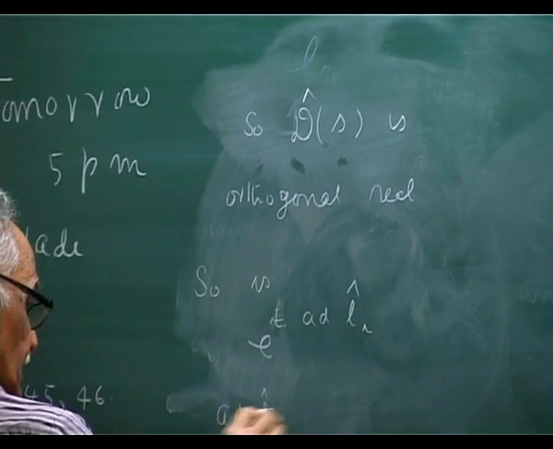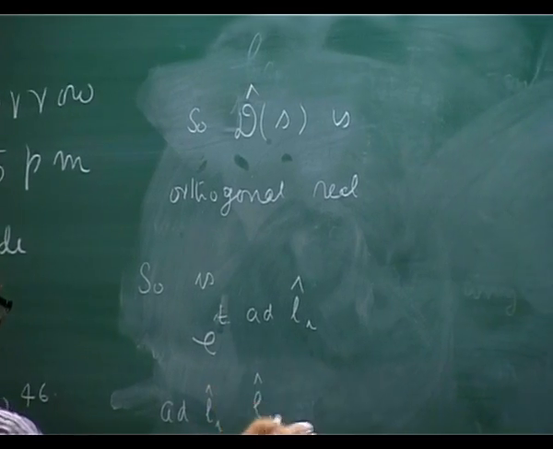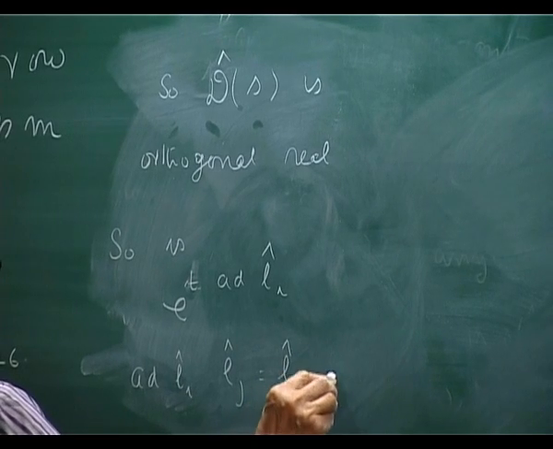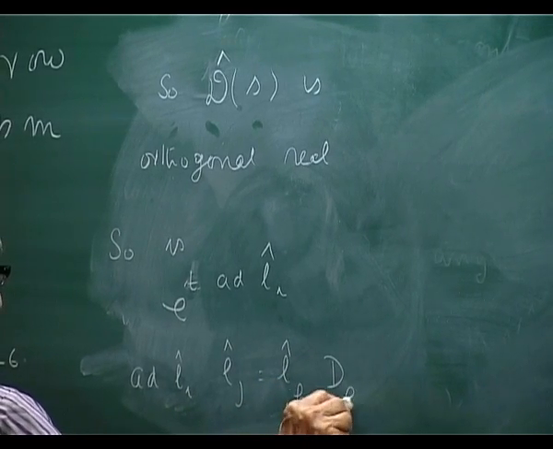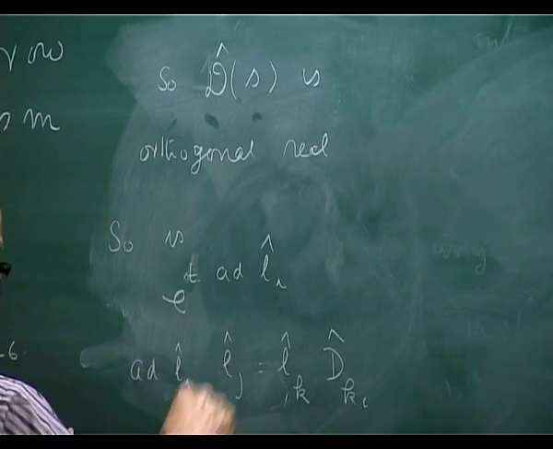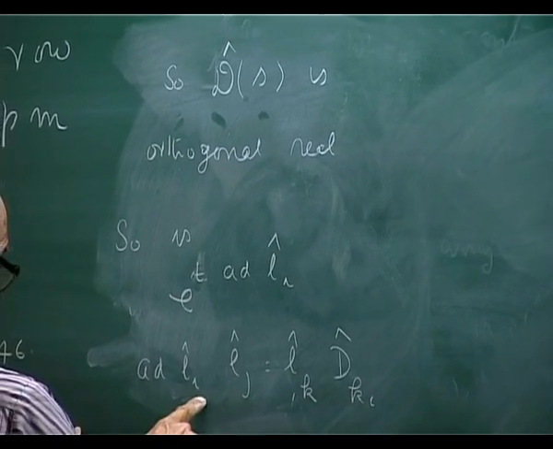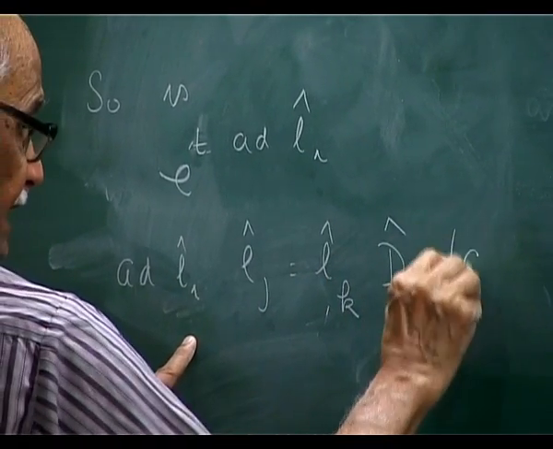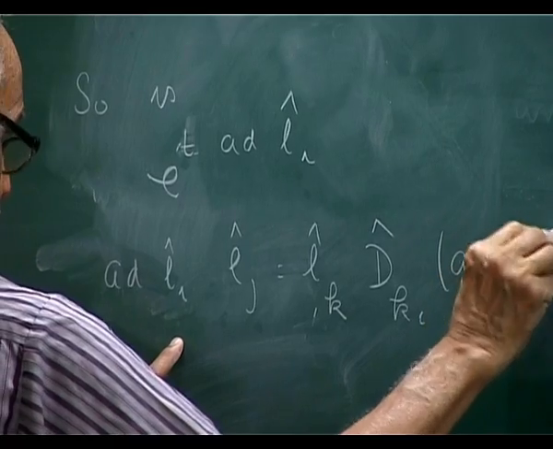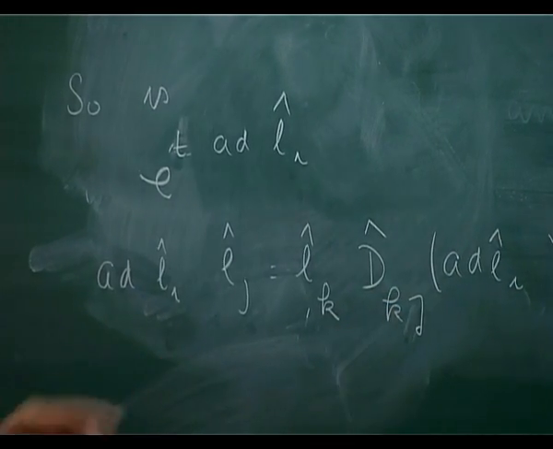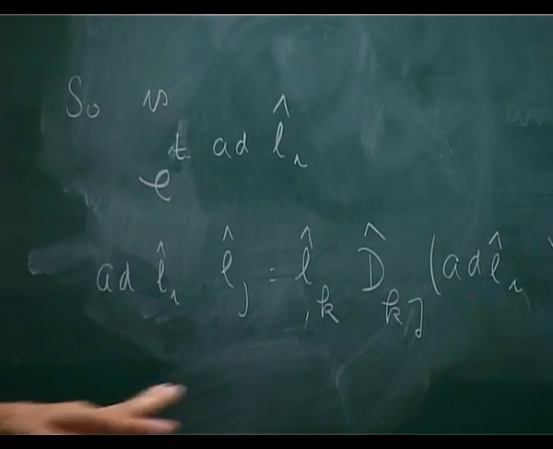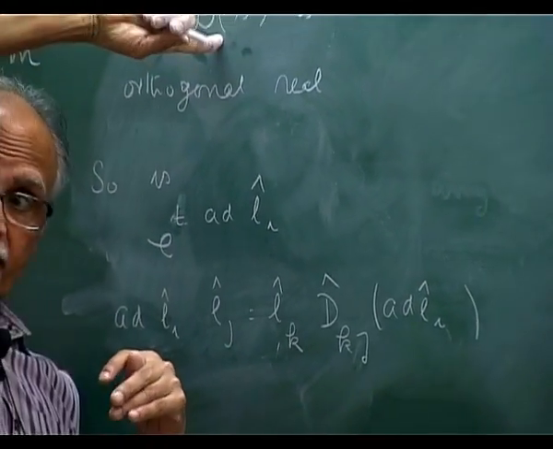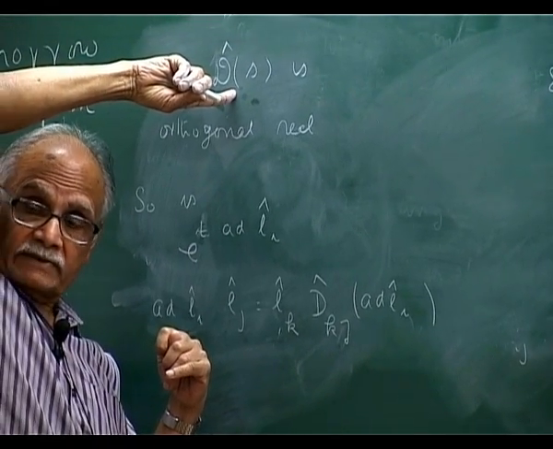that is I look at ad L hat I, where this is defined by acting on L hat j, this is L hat k, then I had d k I j L hat j, this is of ad L hat I. This is a matrix in a particular basis of the Lie algebra elements.